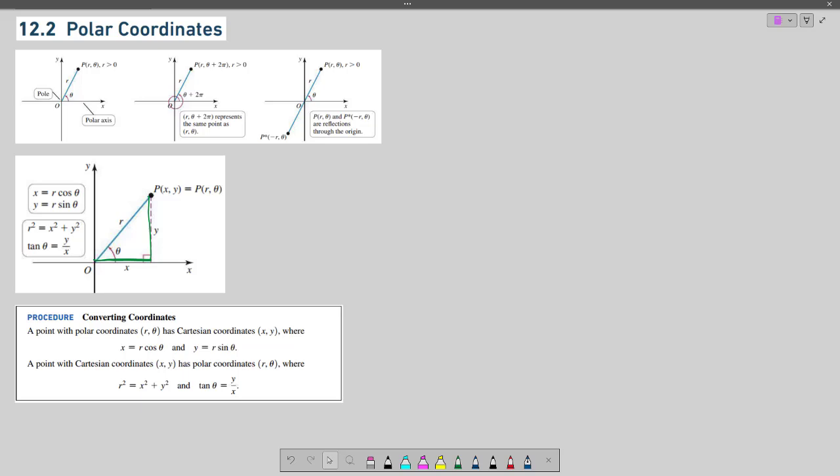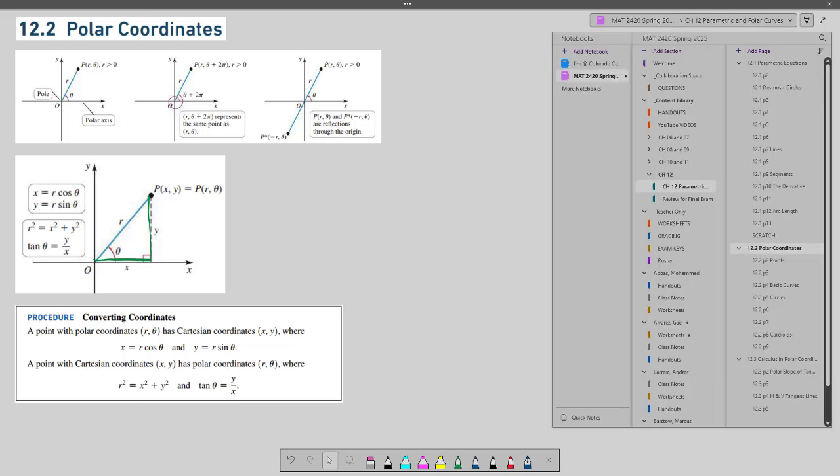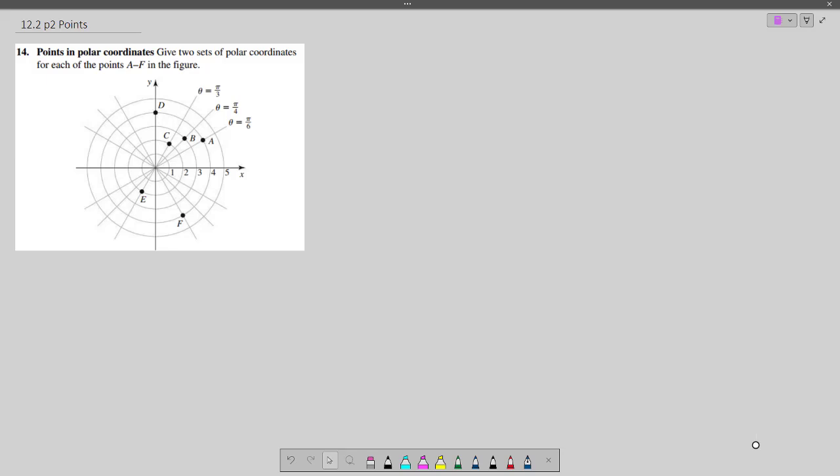Let's take a look at some examples where that can come up. Here we have a bunch of points in the polar plane. Let's describe them. I'm going to grab F. What we want to do is describe this point in polar.